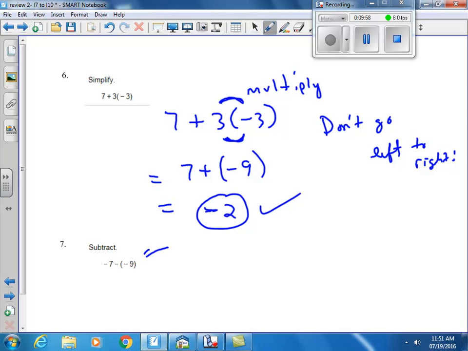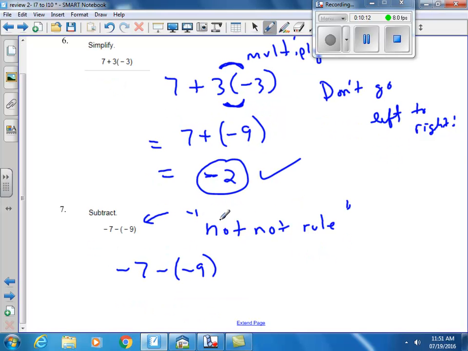Okay, now this we talked about in our notes as the not rule, like the double negative, the negation of 9. So when you say -7 minus -9 like that, the double negative becomes the positive. So I would rewrite it as -7 plus 9, and then -7 plus 9 is obviously 2.